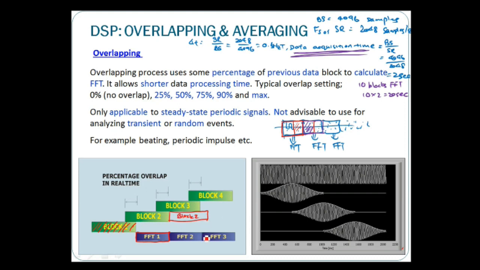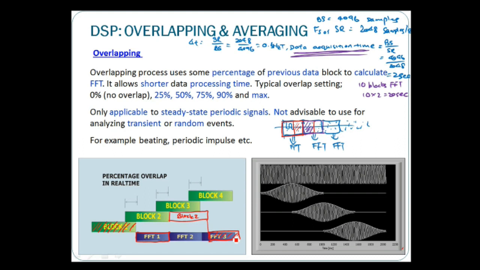Then you finish from here, and you have another FFT. But last time when these Fourier transforms or this DFT was very slow, then there was a need for overlapping. You see or not?